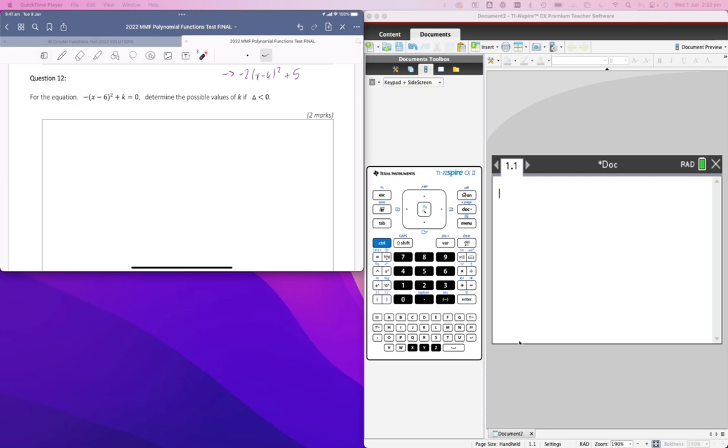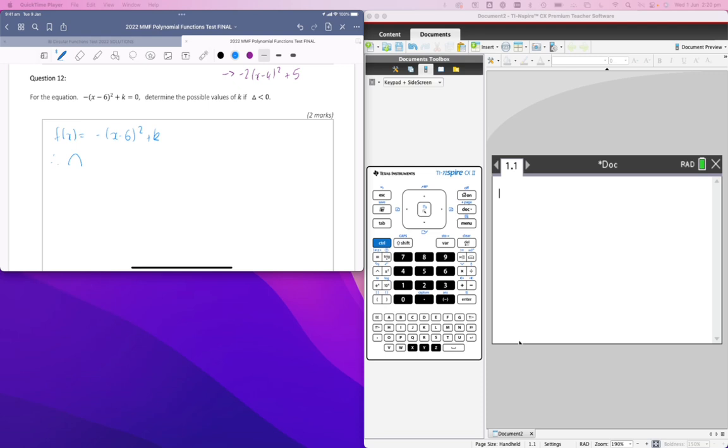Okay, so what you could do is say f of x is equal to negative x minus 6 all squared plus k. Therefore, it's frowny because there's a minus in front of the squared bit, so it's a reflection.